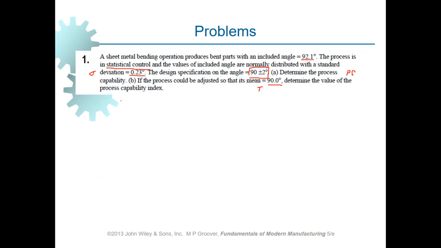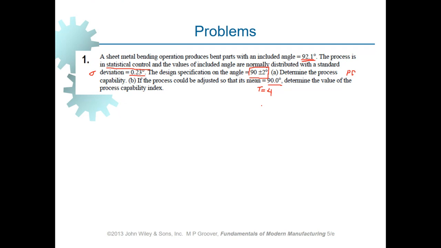In part A of the problem, we are to compute the process capability on the basis of the included angle of 92.1 and also a tolerance range of T equal to 4 degrees, plus and minus 2 degrees, comes to a total of 4 degrees for the range of the tolerance.